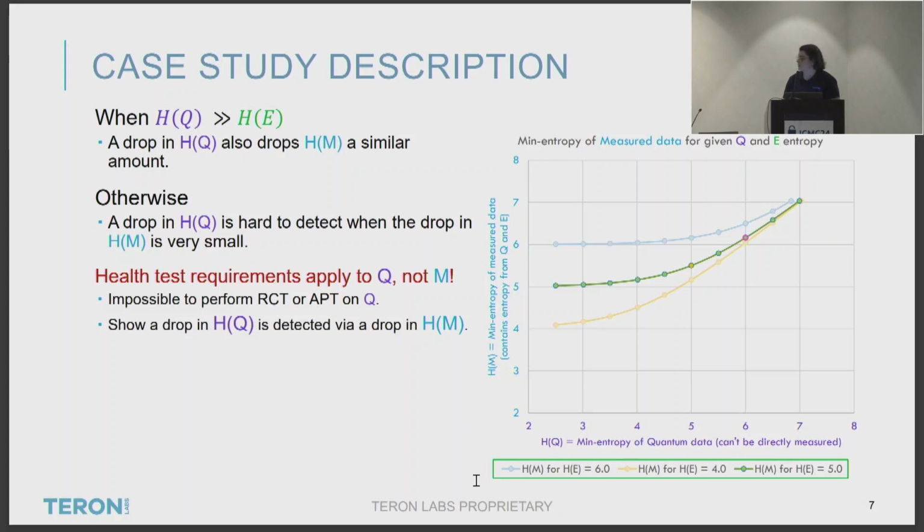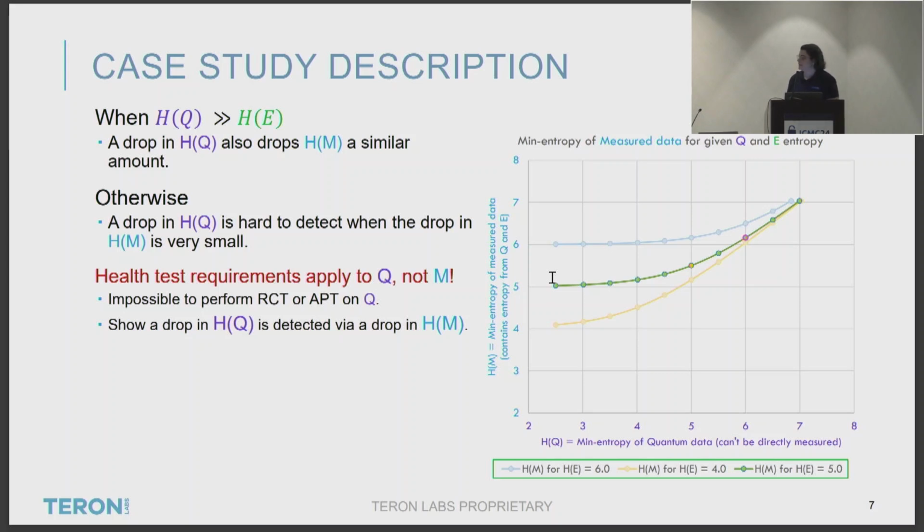I've picked a few different values for the entropy level of the noise or the errors, E for error, and depending on how much entropy is in the errors depends on which curve you get. We're going to be looking at the green curve, which is the case when the entropy in the errors is 5.